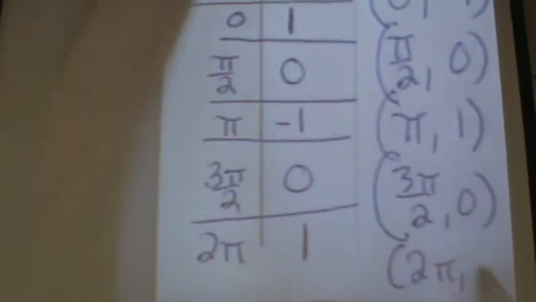If you looked at this table here, the one we just did a second ago, if you multiply these by -1, what would you get? You get 0, -1. Pi over 2, still going to be 0. Pi, you're going to have now a +1. 3 pi over 2, you're going to have still 0, because 0 times anything is 0. And 2 pi, you're going to have a -1. That's by multiplying all these by -1.